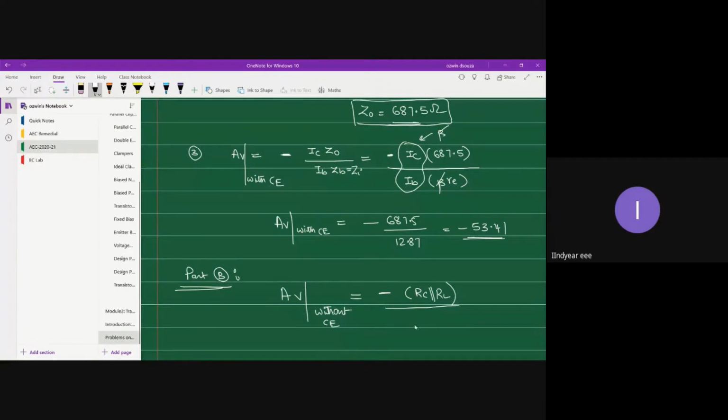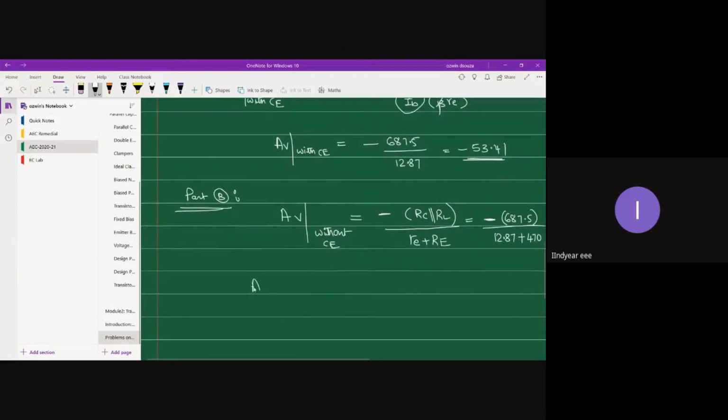Divided by what? Small re plus capital RE. So that gives your voltage gain as minus RC parallel with RL, which is nothing but Z0, 687.5, divided by re 12.87 plus capital RE, the biasing resistor, which is 470 ohms.